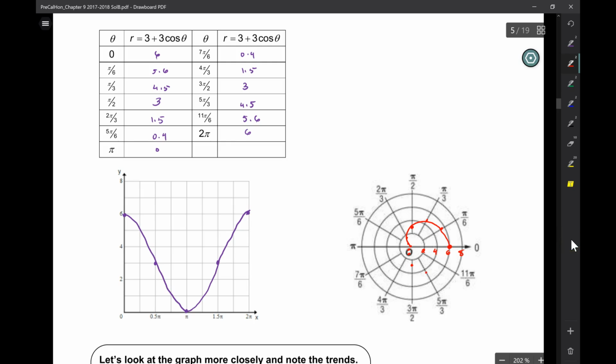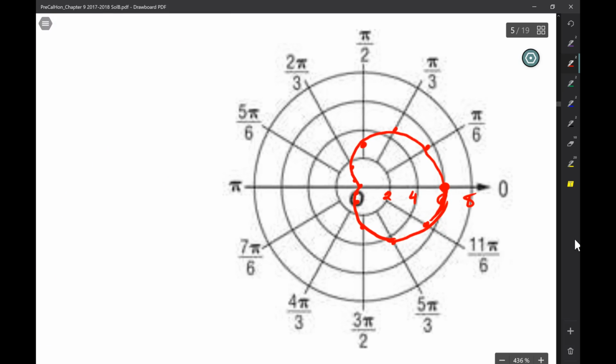It is, though, because look at what's going to happen now. 5.6 here. And then back to 6. Right? So look at that. If I make it closer, it is exactly like a heart, isn't it? Right? And now do you see why it's a cardioid?